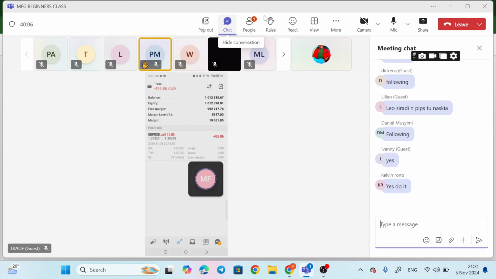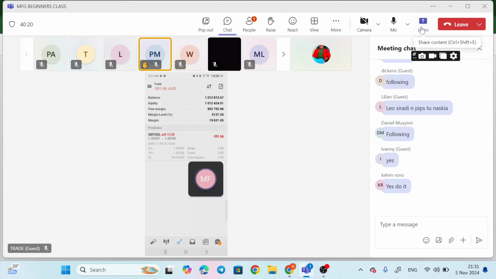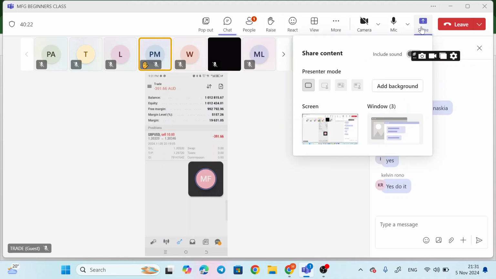We have seen the first step before you place a trade: you have to first determine the correct lot size. Before placing a trade, these are the things I should consider. Number one, I should know how to identify the correct lot size.